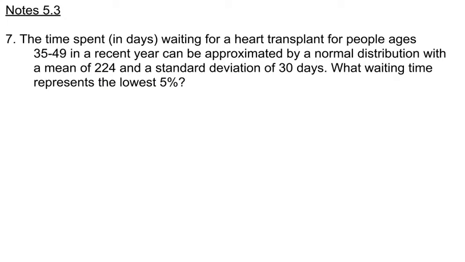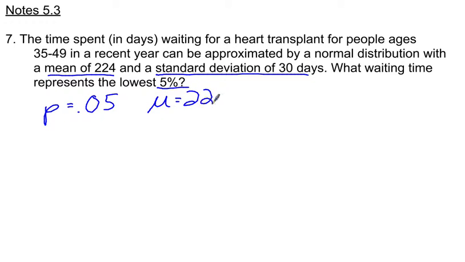And finally, on number 7, as we look at the mean number of days waiting for a heart transplant, the mean is 224, the standard deviation is 30, and we want the lowest 5%. So our p-value is 0.05, since 5% is 0.05. Our mean is 224, and our standard deviation is 30.